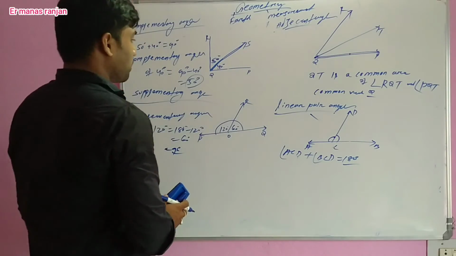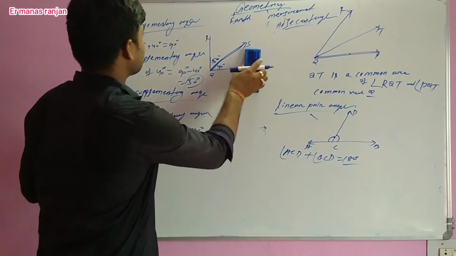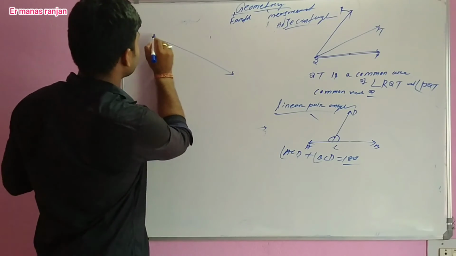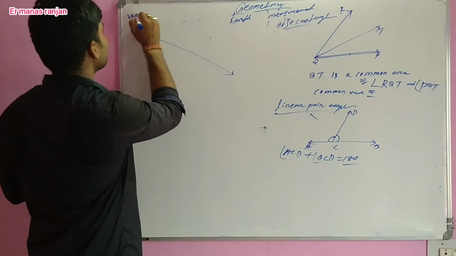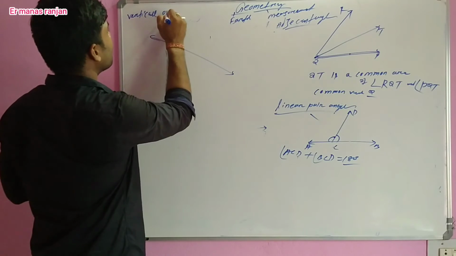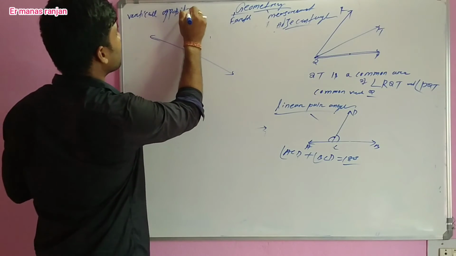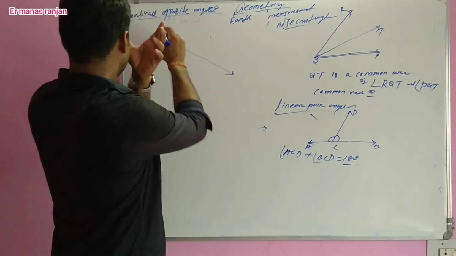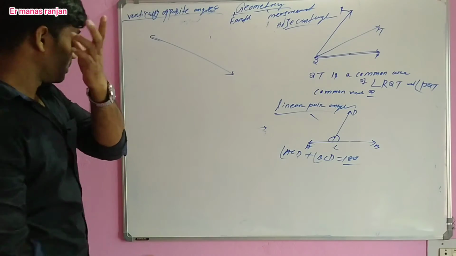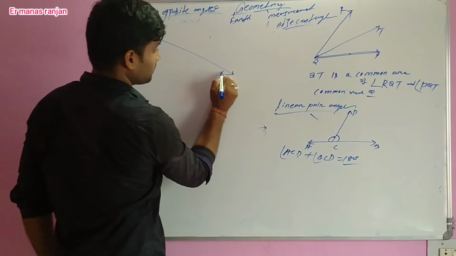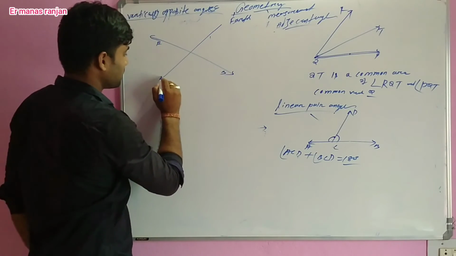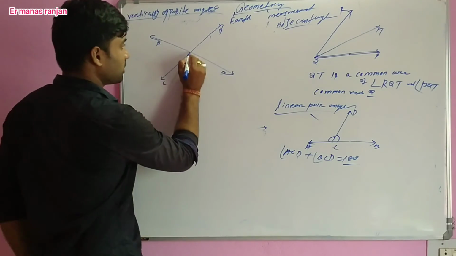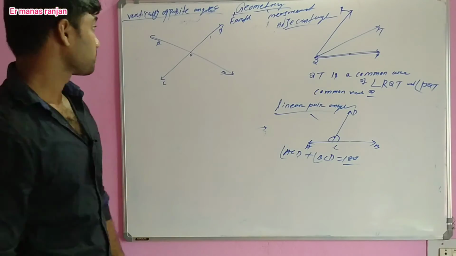Then vertically opposite angles. Suppose AB is a line and CD is a line, and they intersect at point O. Understood?